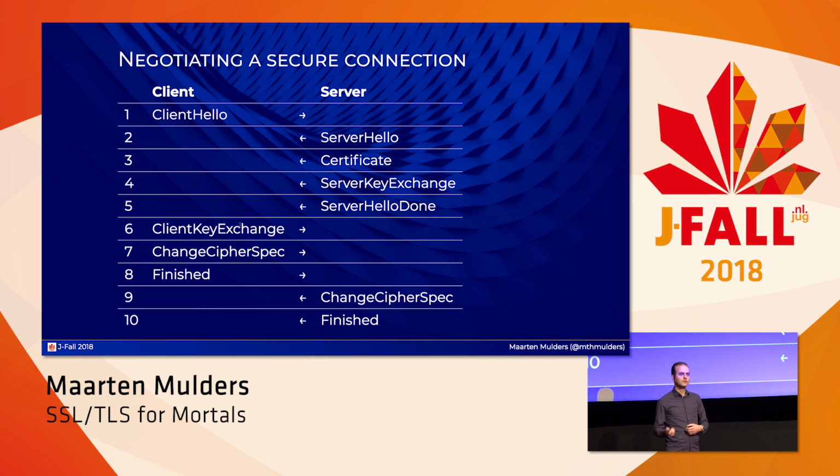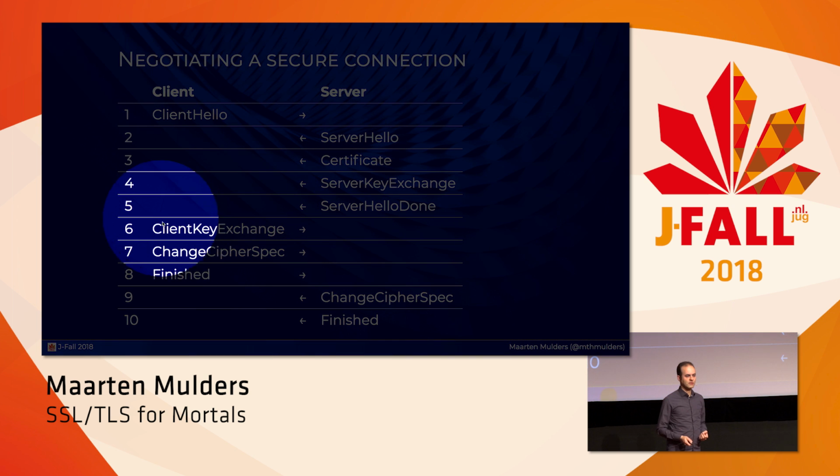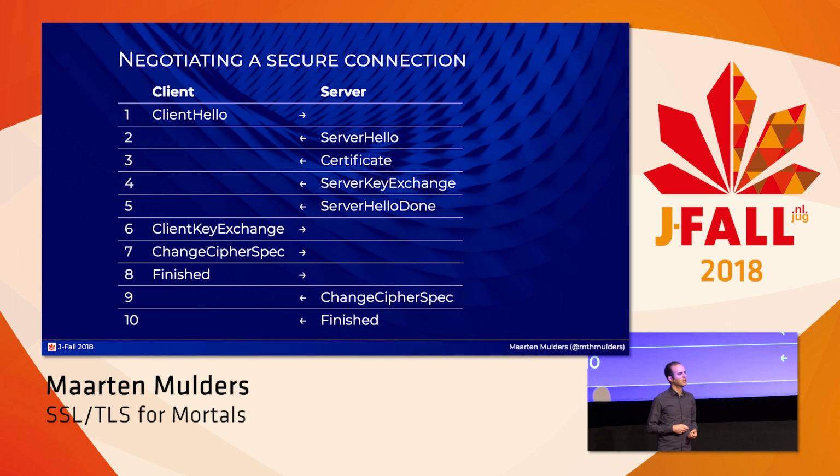The client will in return send a client key exchange message, which contains also cryptographic materials, and then line number 7 is very important. It sends a change cipherspec message, which basically says, everything I'm going to send to you from now on will be encrypted using the key materials that we have exchanged so far.